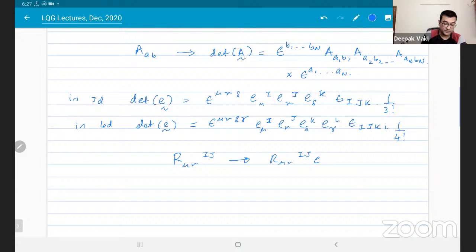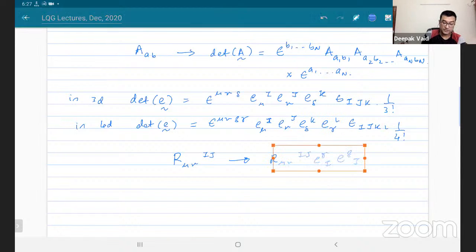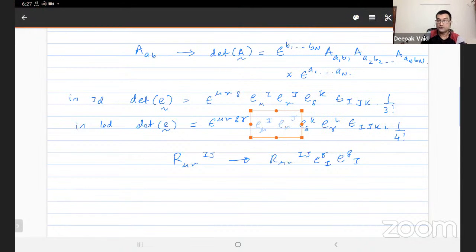So you do something like e mu I e nu j, right? And then there is 1 copy of the tetrad that's left over. So if you are in 4 dimensions, 2 of these copies of the tetrad go into this contraction, and then you will have two left over. Roughly speaking, this is the reason.